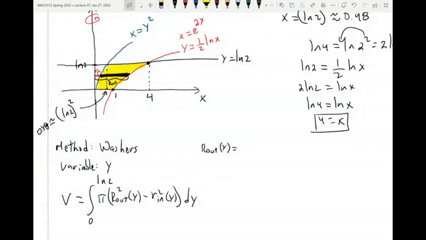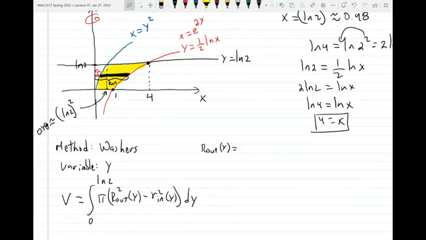Okay, so now with this information, notice that R out is entirely given. Remember, it's always right minus left, but here the left is 0, right? It's the axis. So it's just given by the red function. The blue function has no say in the outside radius here. You understand this? So R out is just e to the 2y. It's given by the red function. Let me put it in red. Is that clear?